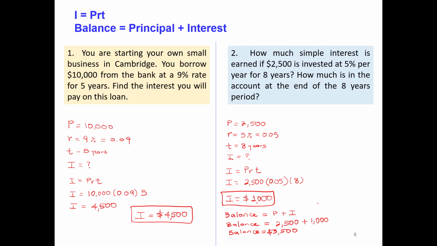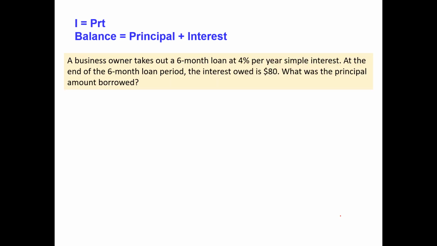Let's write here the balance equals $3,500. And this is the answer for this question. Let's try one more problem.